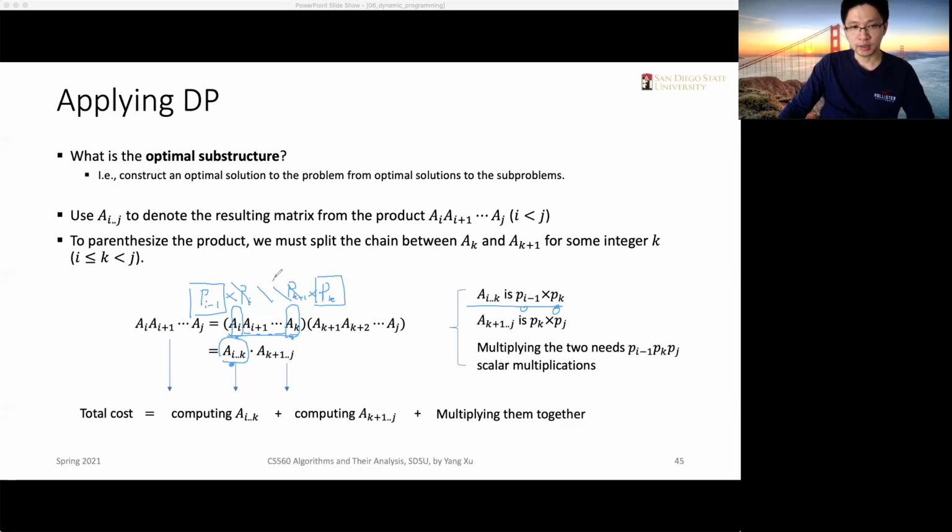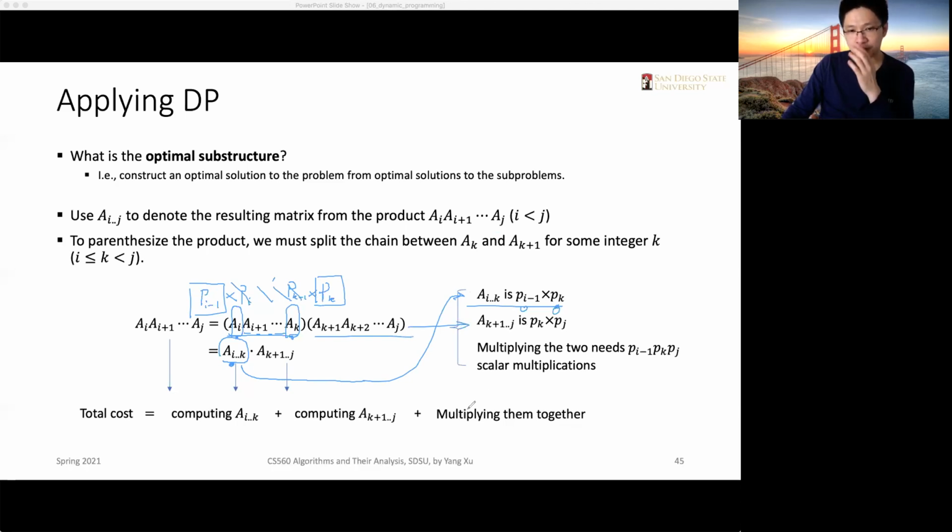That's why the dimension of the left product is p_{i-1} times p_k, and the same for the right multiplication.